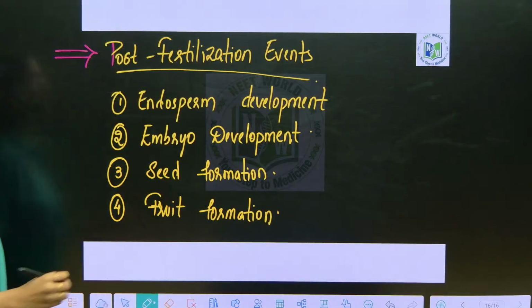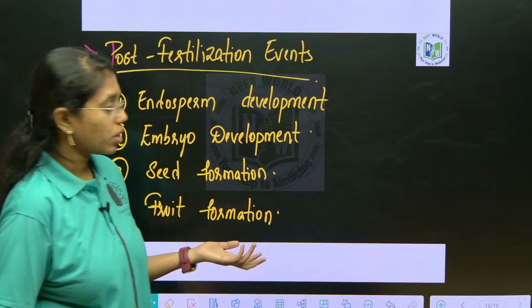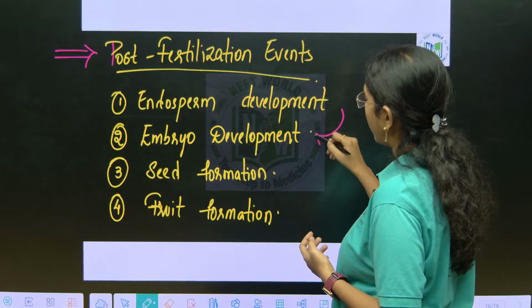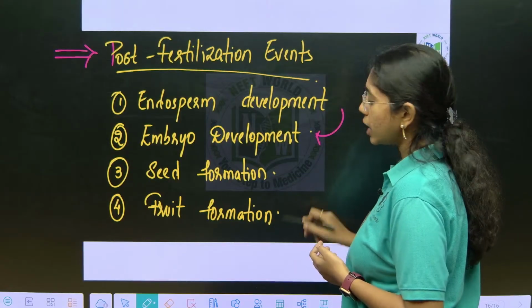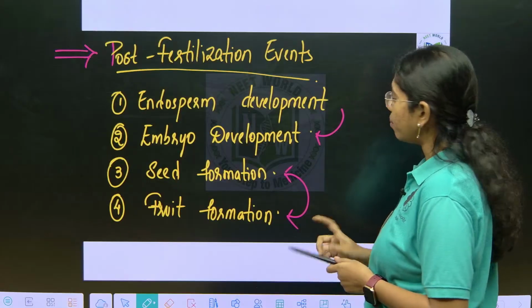Clear, right? These are the 4 post fertilization events that we are going to deal with in our next class. So, endosperm development will happen first, after that embryo development will happen, but seed formation and fruit formation will take place simultaneously.